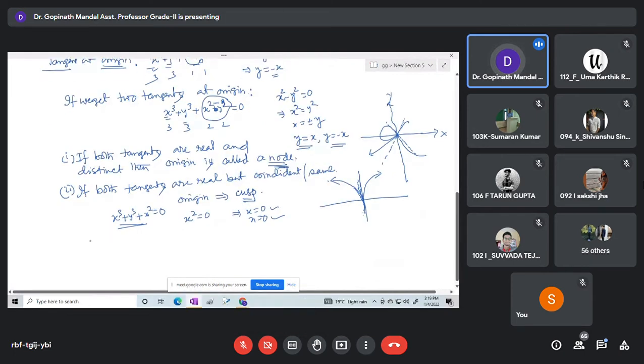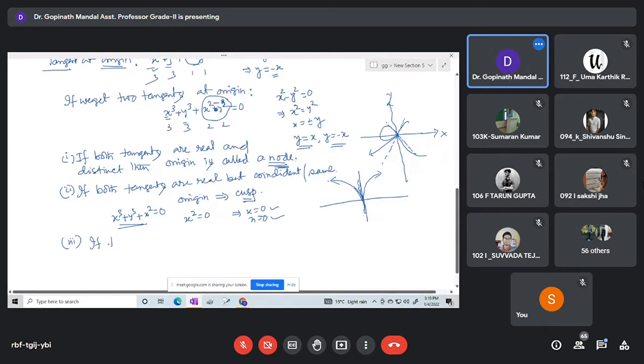And the third one, if the tangents are imaginary, then the origin is called a conjugate point.